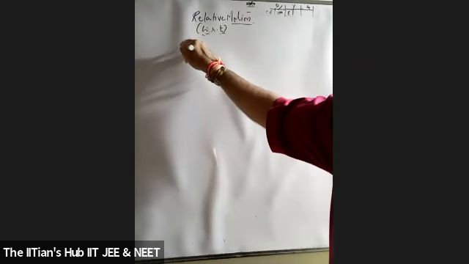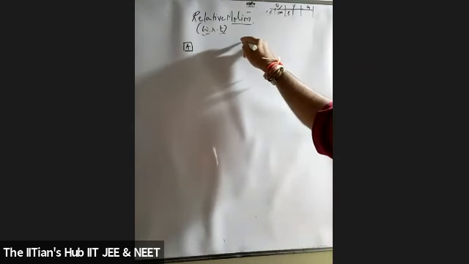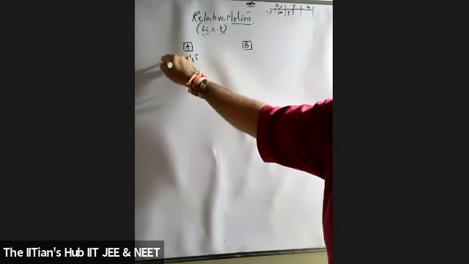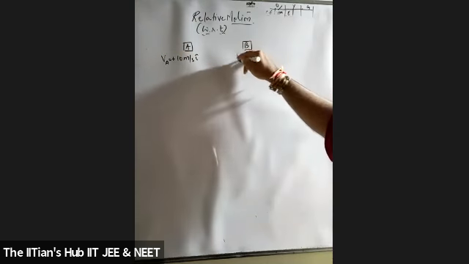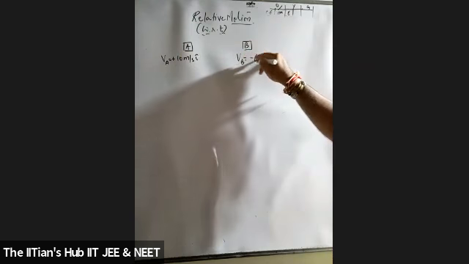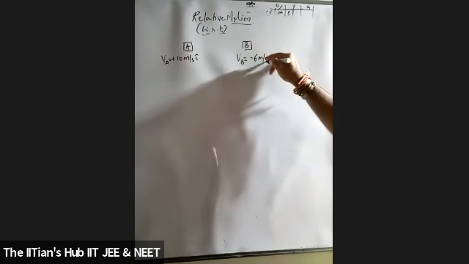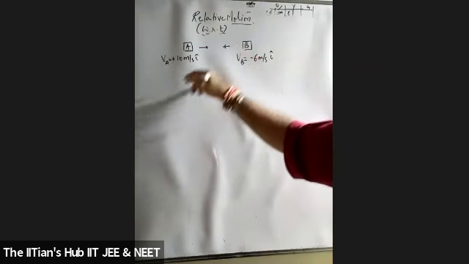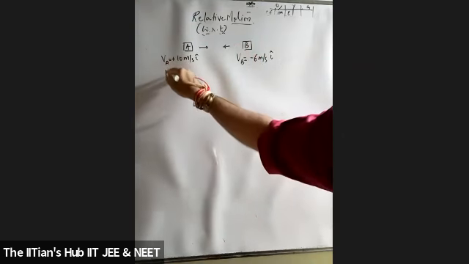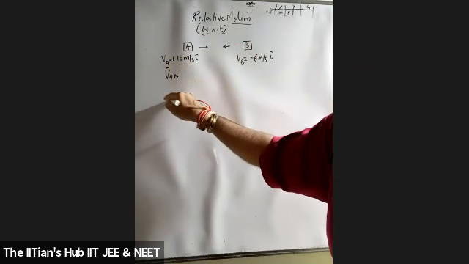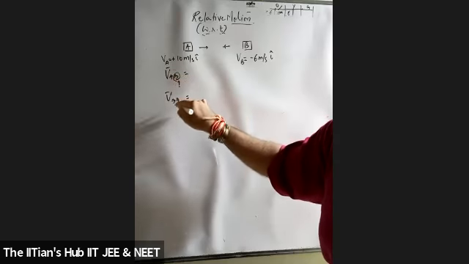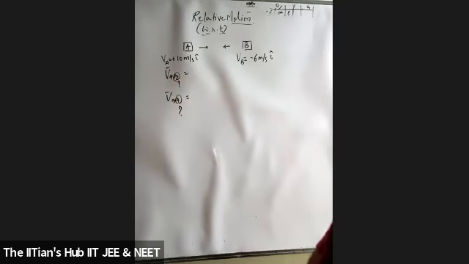Next example, students. Same, if I have to consider car A and car B. 10 meter per second i cap, minus 6 meter per second i cap. Can you explain what exactly VAB is and what exactly VBA is, and what exactly observer B feels and what exactly observer A feels?